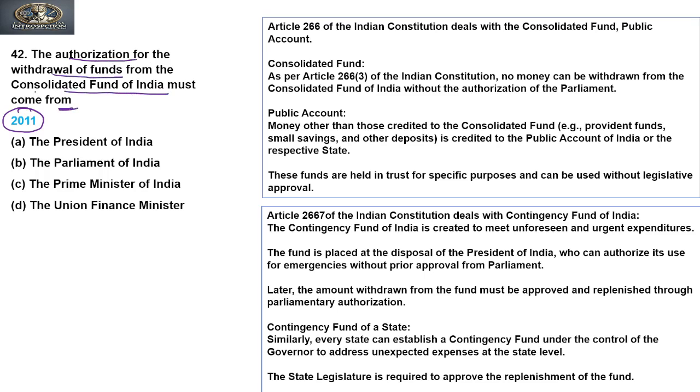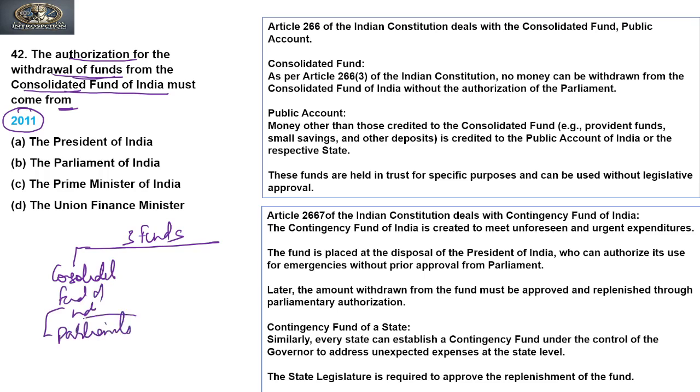Now this has repeatedly been asked by the UPSC, and we have also discussed that out of the three funds provided by the Constitution of India, only one fund, that is the Consolidated Fund of India, is under parliamentary control. So the withdrawal of money from the Consolidated Fund of India must come from the Parliament of India, right?